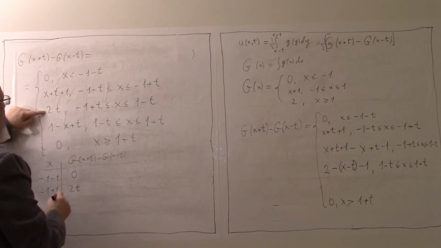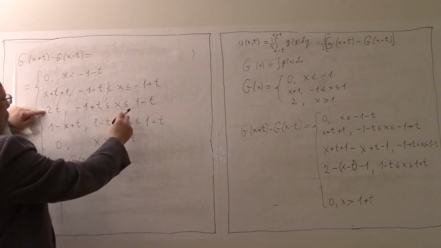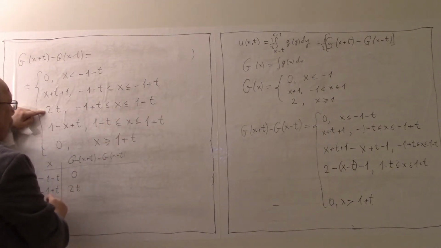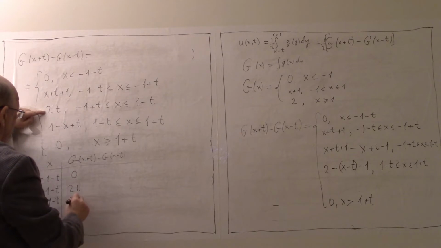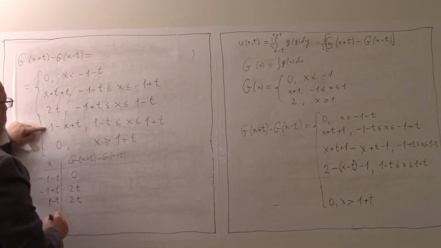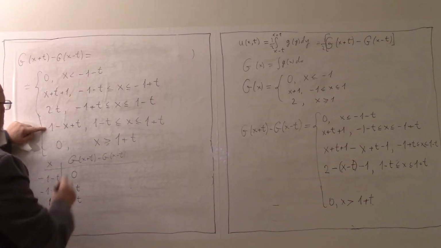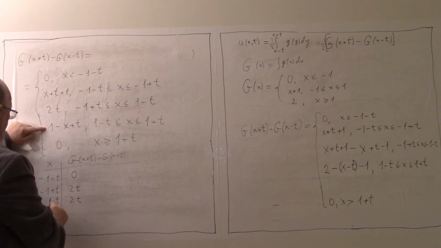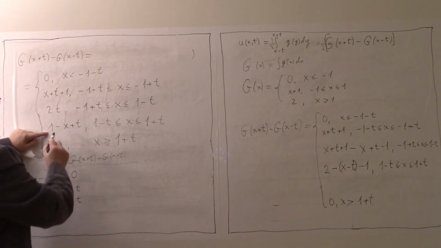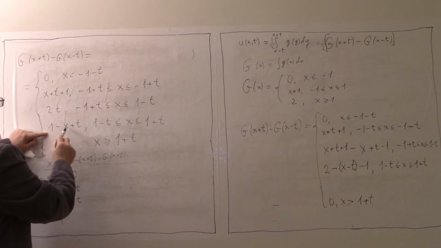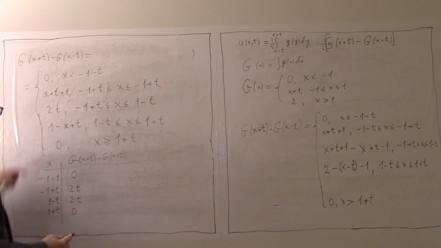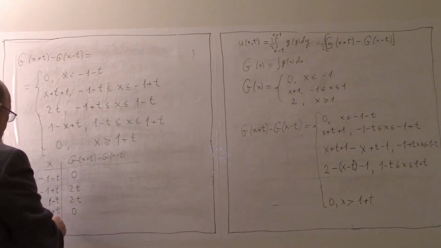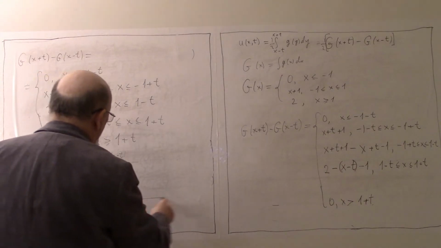Now the next point is 1 plus t. It is again 2t. And at 1 plus t, it is 1 plus t minus 1, 0. Okay, so we have the following picture.